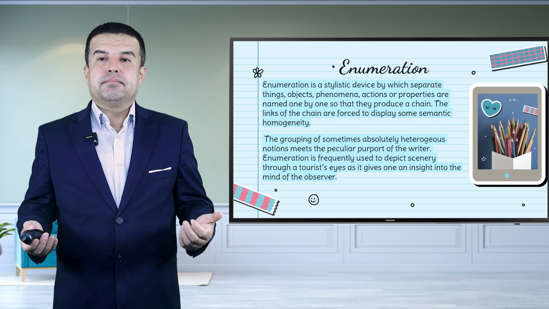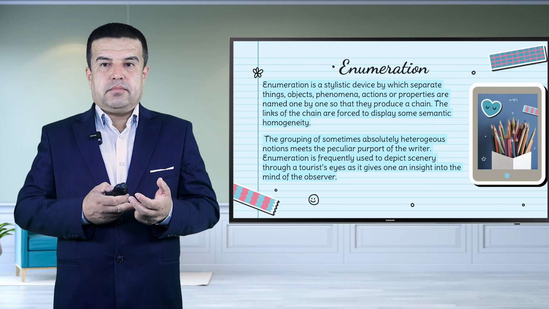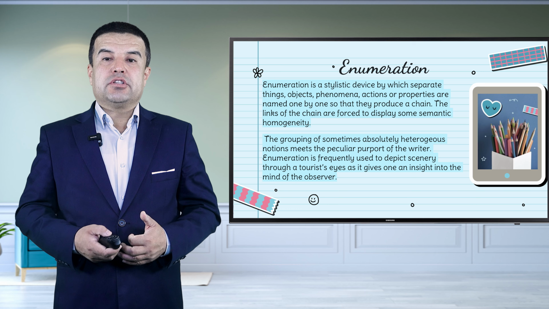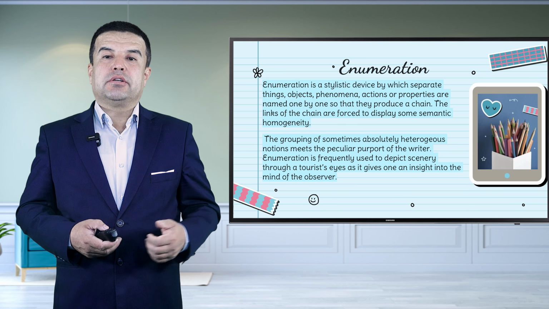For example, I bought X, I bought bananas, or I bought cakes. In this sentence, you can make an enumeration. The grouping of sometimes absolutely heterogeneous notions meets the peculiar purport of the writer. Enumeration is frequently used to depict scenery, as in a tourist's guide, as it gives an insight into the mind of the observer.